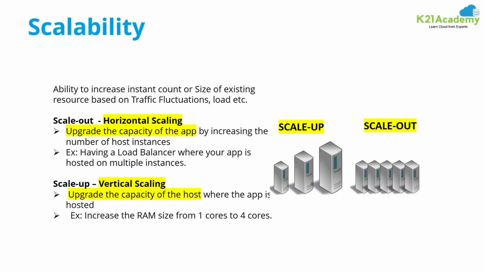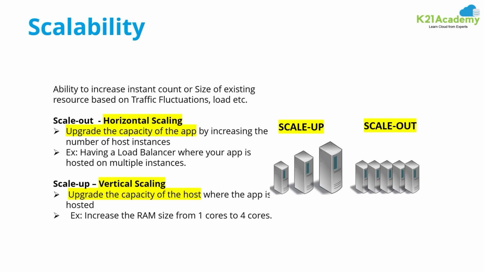I have got a virtual machine in cloud. We call it an EC2 instance in Amazon. So suppose I have got an EC2 instance in cloud. If the load increases, I am adding more servers to my infrastructure.